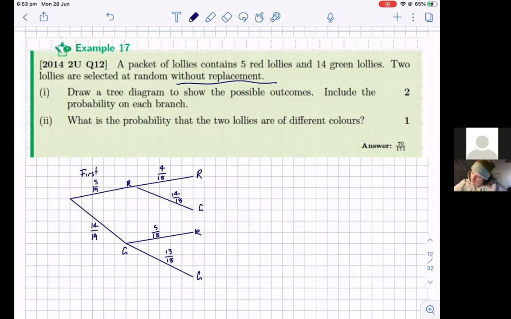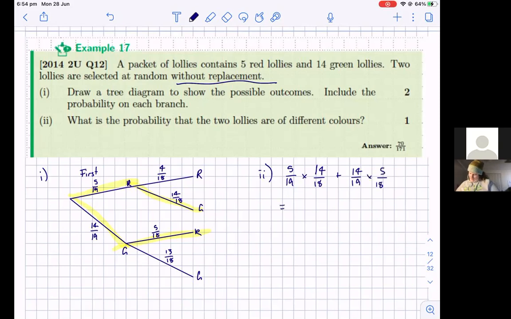The probability that they're different colors, we've got red, green, green, red. This time we've got 5/19 times 14/18, and we've also got 14/19 times 5/18.